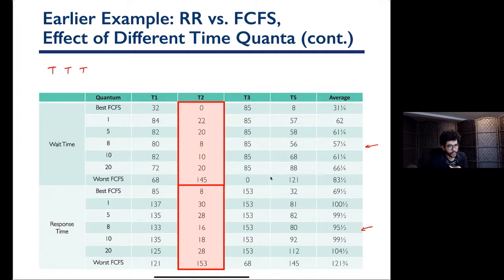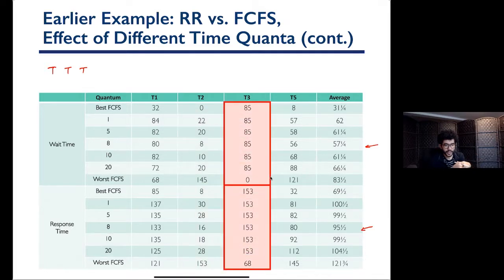You see a lot of variance in T2's wait time and T2's response time across different time quantum sizes. So basically, T2 is very sensitive to the size of the time quantum. As you change the size of the time quantum, the response time of T2 changes dramatically.